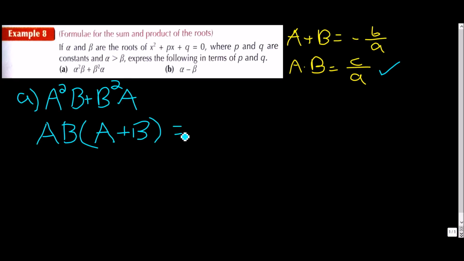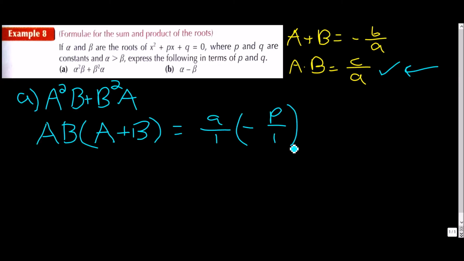So alpha beta is c over a. Well, c is q, and a is 1. So it's q over 1, and alpha plus beta is going to be negative b, which is p, divided by a, which is 1.